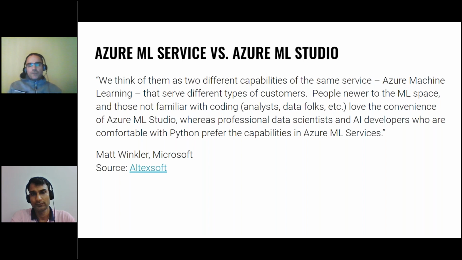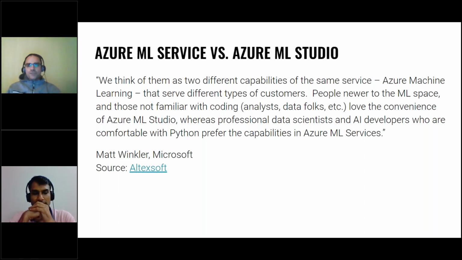So that almost sounds like Azure Machine Learning Studio is kind of like a kindergarten for toddlers, and if you grow up, you then switch to Azure Machine Learning Services. Our recommendation is to actually go straight to Azure Machine Learning Services, regardless whether you are an experienced data scientist or just an early beginner who's coming from BI or from a data analytics background.